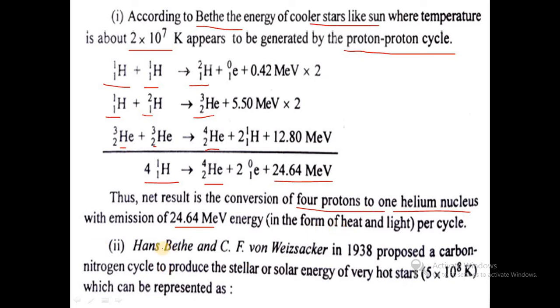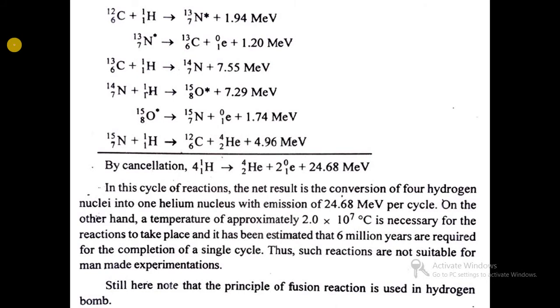The second example, discovered by Hans Bethe and C.F. von Weizsäcker in 1938, proposed a carbon-nitrogen cycle to produce solar energy in very hot stars, at about 5 into 10 raised to 8 Kelvin. The reactions are: carbon-12 combines with a proton and we get nitrogen-13.